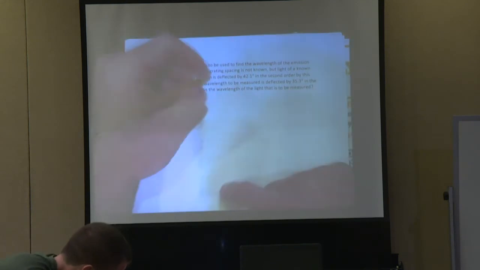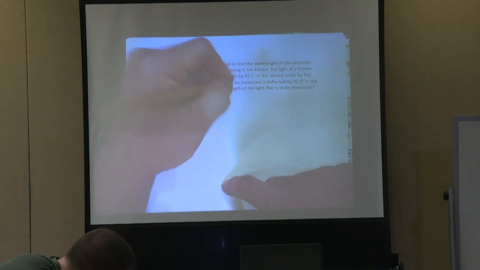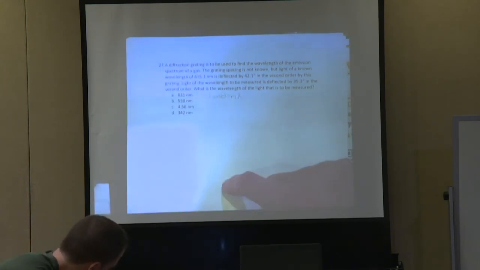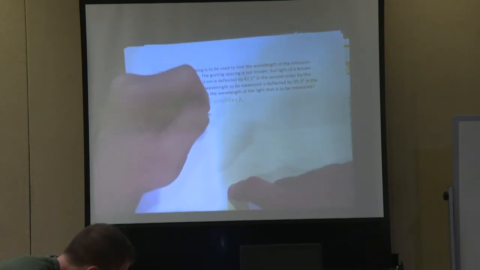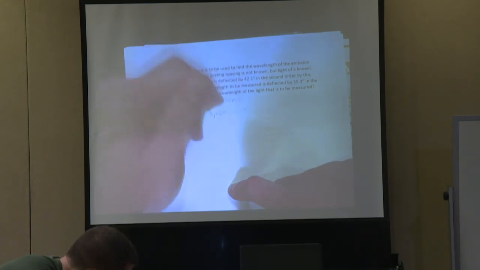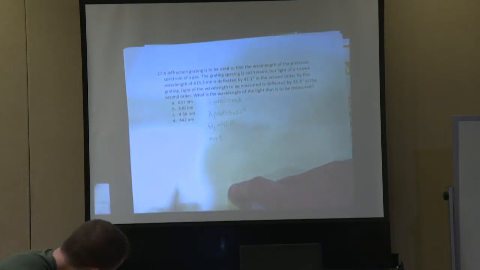So, use d sine theta equal to m times lambda, where lambda 1 equals 615.3 times 10 to the negative 9. Theta 1 equals 42.1 degrees. M equals 2, second order.